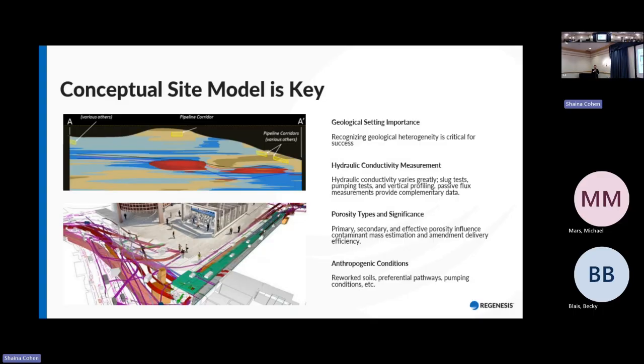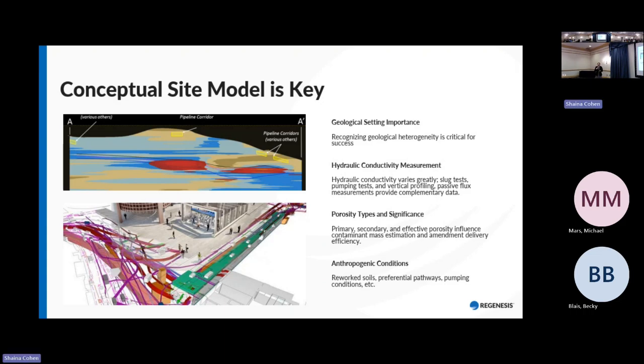And then I really did want to highlight this last thing here, the anthropogenic conditions. Often we are implementing these in situ strategies because doing a major excavation is not feasible, because we've got lots of neighbors around the property, or it's a densely developed area already. And what comes with that?